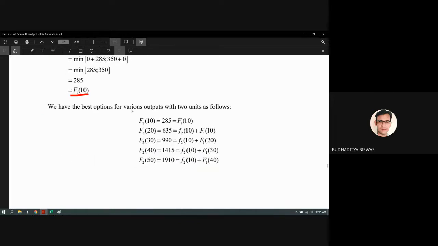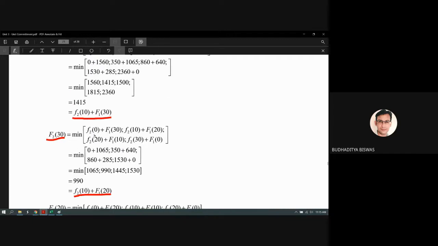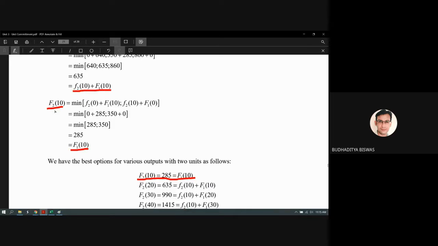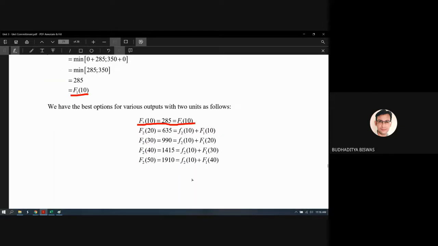So we have the best option for varying the output in 2 units. After this expression, we write it in the gist form: F210 equal to 285, which is equal to F110. Then F210 equal to F110, and the minimum cost is 285. That's why it is written in this gist form.